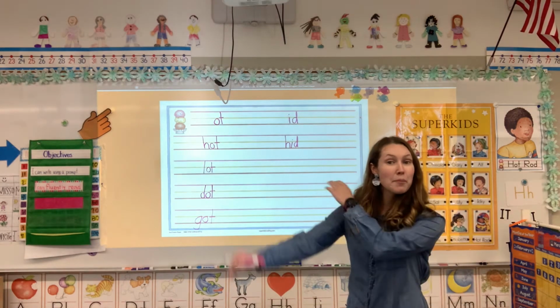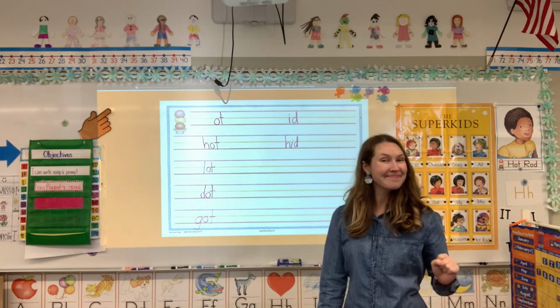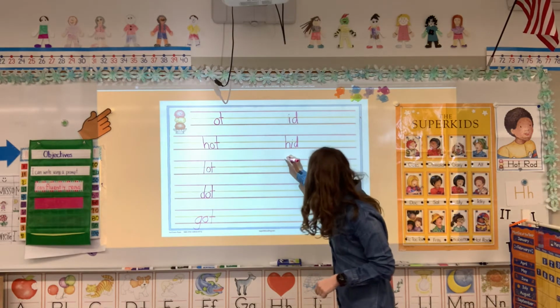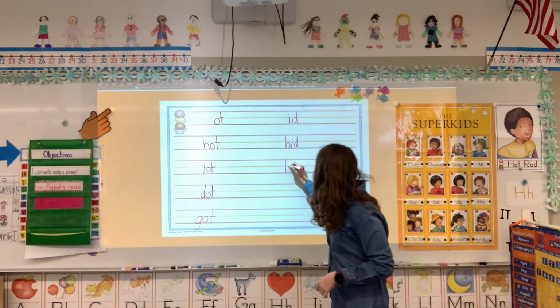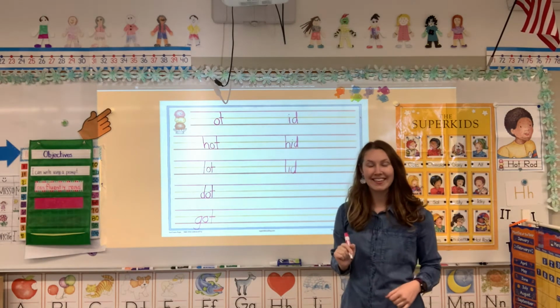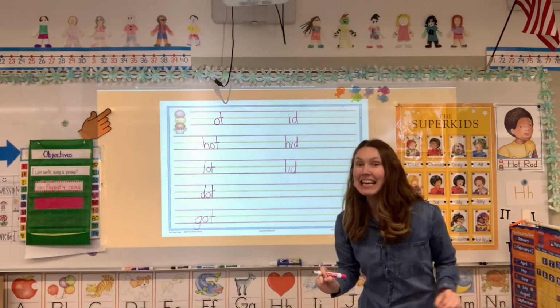What do we hear at the beginning of lid? That's right, it's a letter L. So we're going to start with letter L, and then we're going to add that id family ending. Lid. Very good.